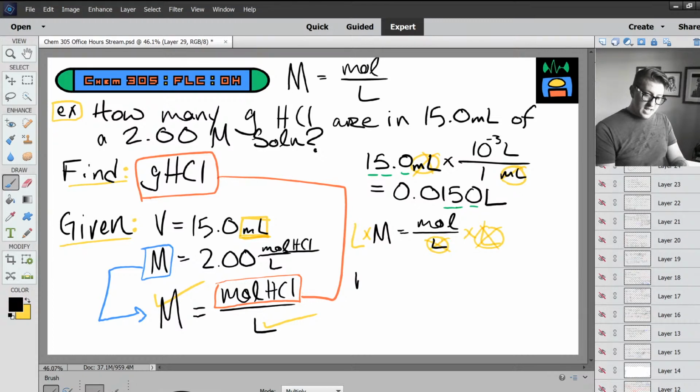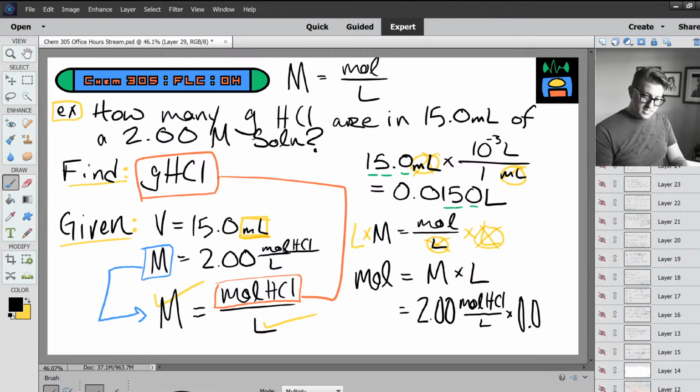And we find that moles of HCl will be equal to the molarity times the volume in liters. Our molarity is 2.00 moles of HCl over liters, and our volume is 0.0150 liters.